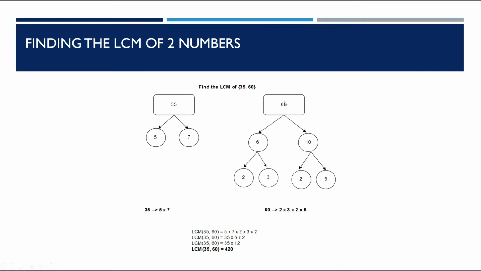Now, we go over to our right side, we have the number 60. So we have to think to ourselves, what two numbers are going to give us 60? First thing that should probably pop in your mind is 6 times 10. That's going to give you 60. And then from there, what we need to do is break down this 6 to 2 times 3.